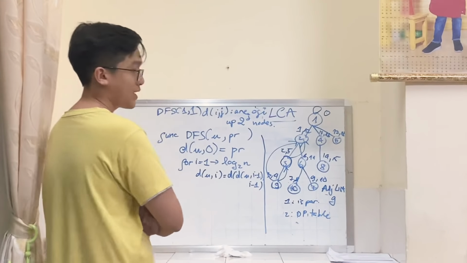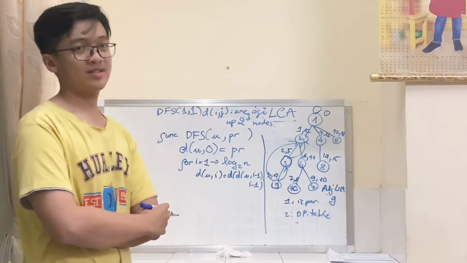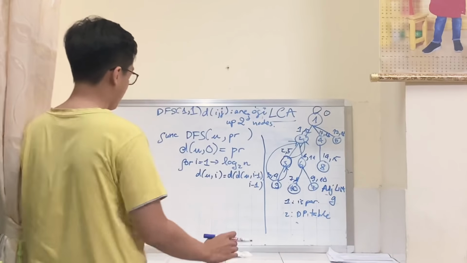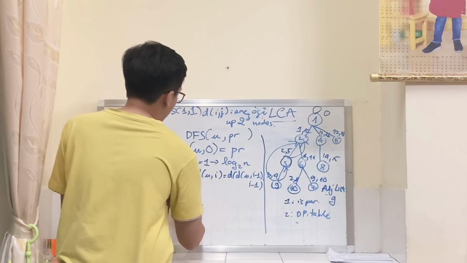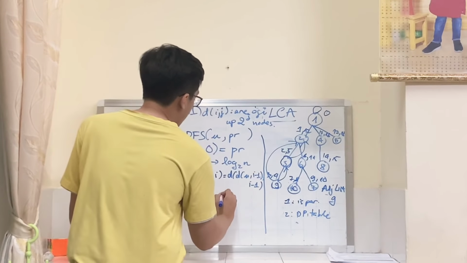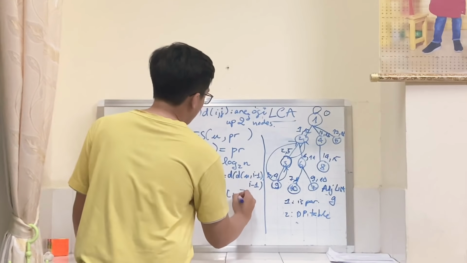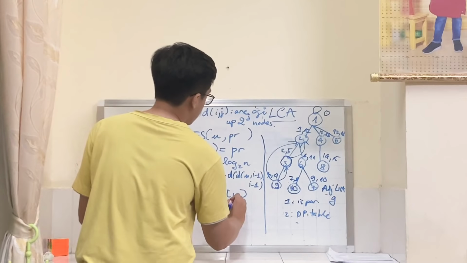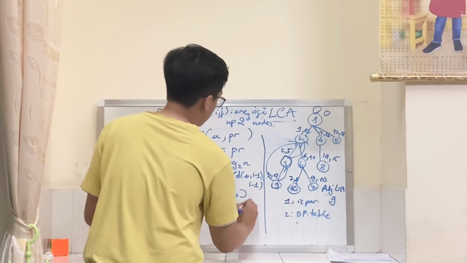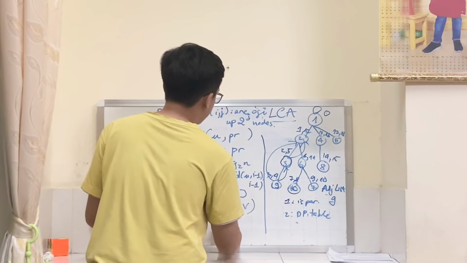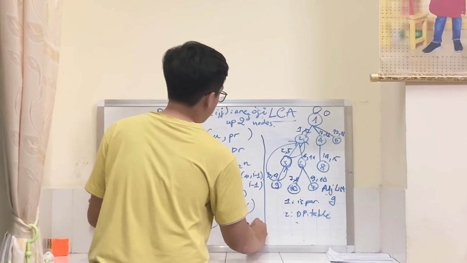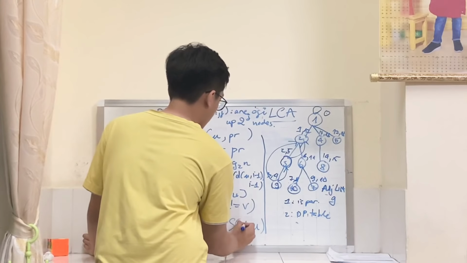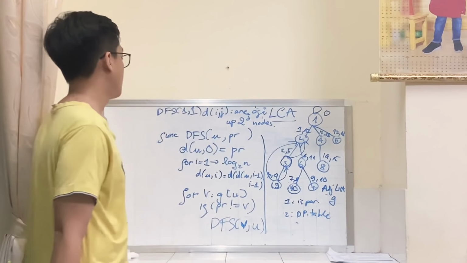And for each DFS, the number one is just a normal DFS traverse. For u, for v in g[u], if parent is different from v, you just recall the DFS of v, u.